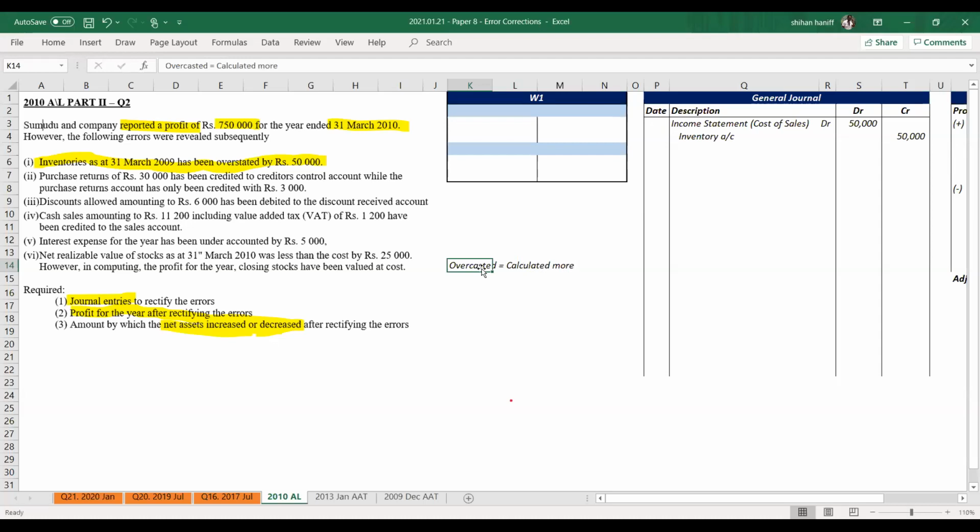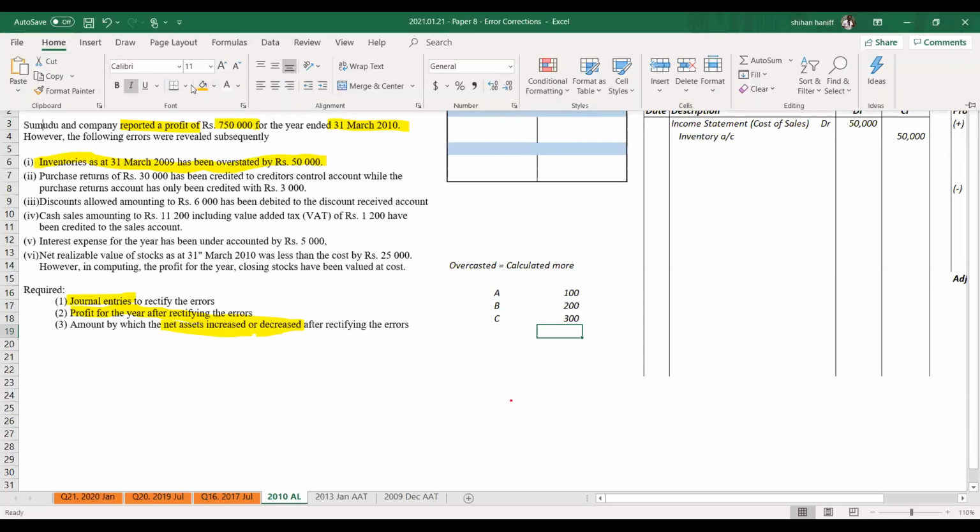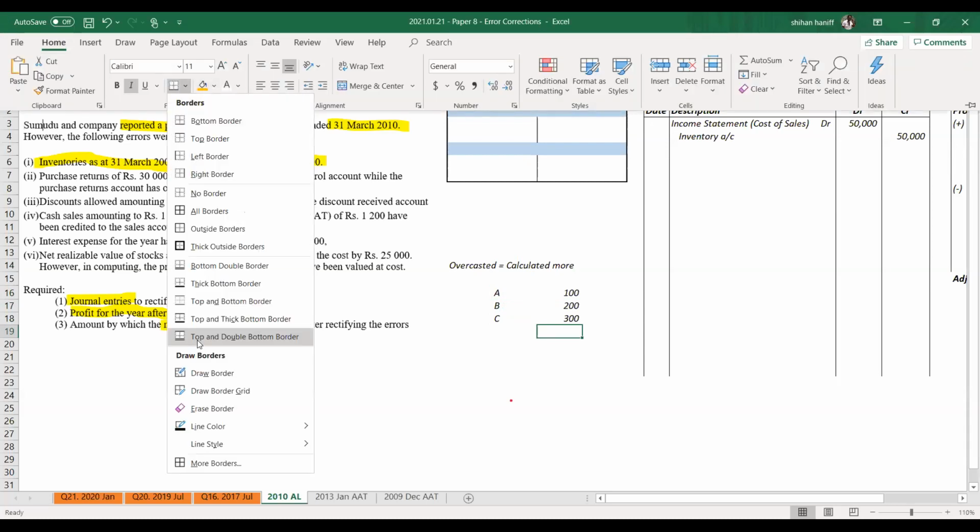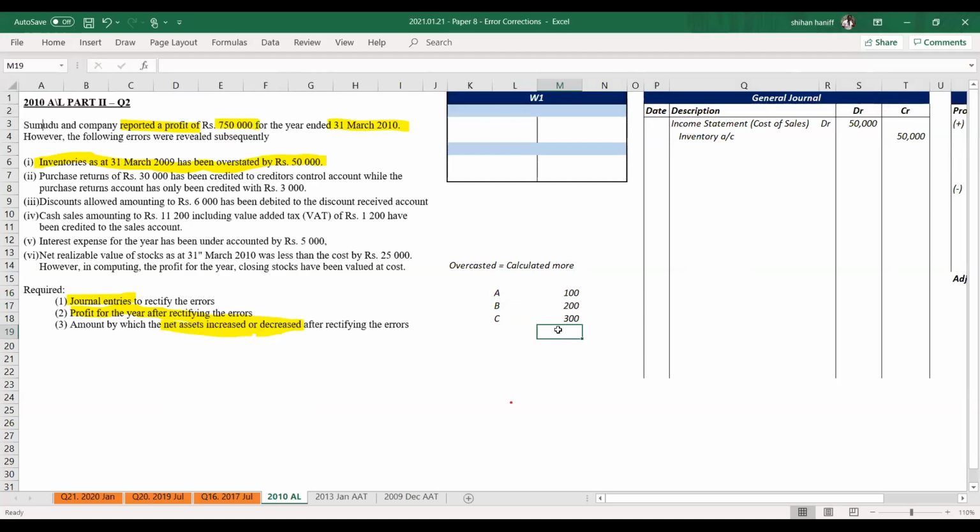Let's say we have purchases A, B, C. A is 100, B is 200, C is 300. So when calculating the total, the actual total is 600. But if you take it as 800, this is called overcasted.